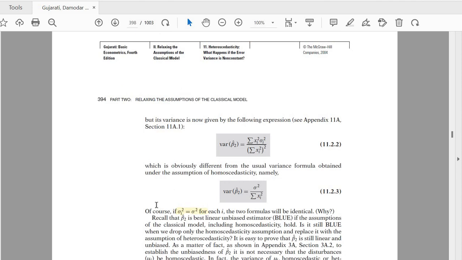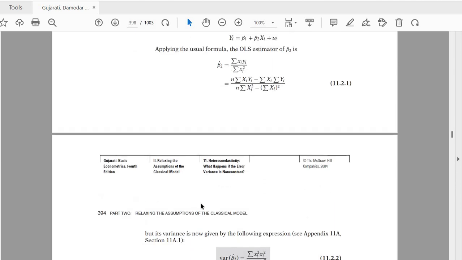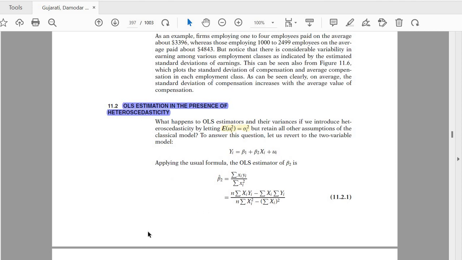So now we have to discuss that if there is a heteroscedasticity problem, how will OLS estimation respond in that case. Suppose there is heteroscedasticity. Look at this formula: E of ui square is equal to sigma i square. It is just the presence of heteroscedasticity, and this is the model we want to estimate.